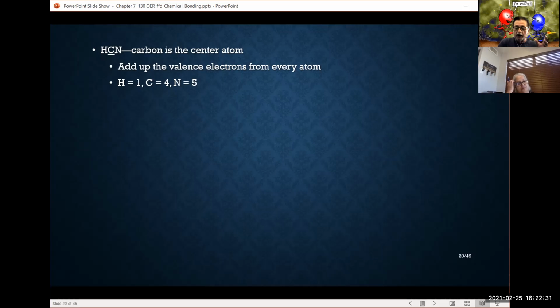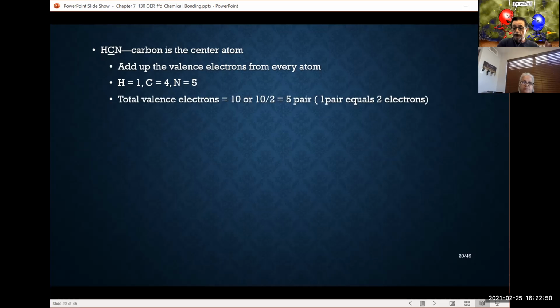If you end up with an odd number, like 9 or 7, there's a problem. Check the group number to make sure you did your math right, and make sure you're using the correct number of valence electrons. So here we have a total of 10 valence electrons, which I just divide by 2 to give me a pair. That way I can simply make a line.